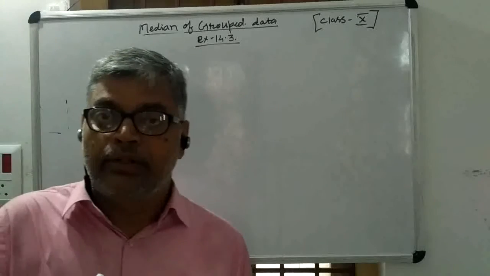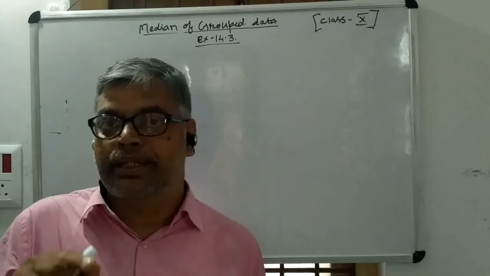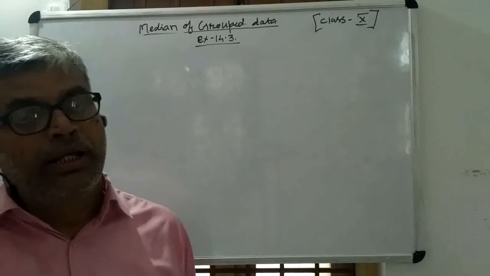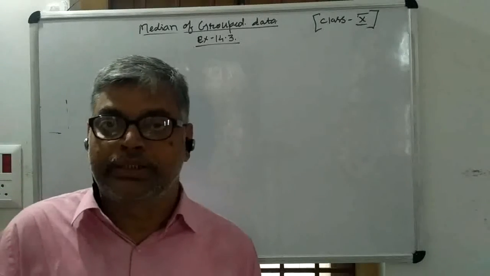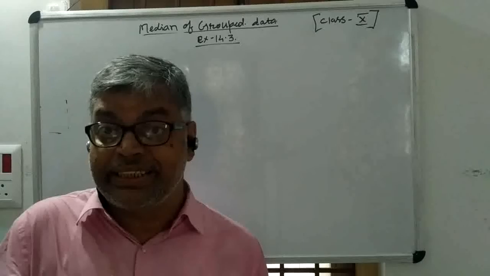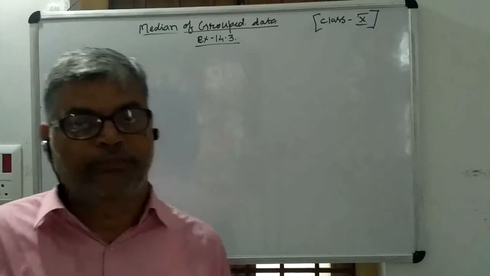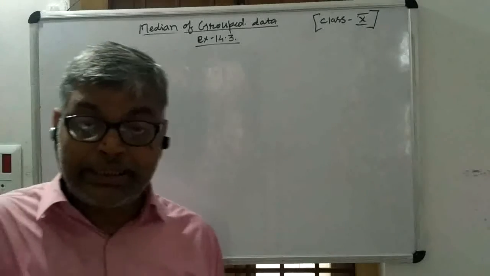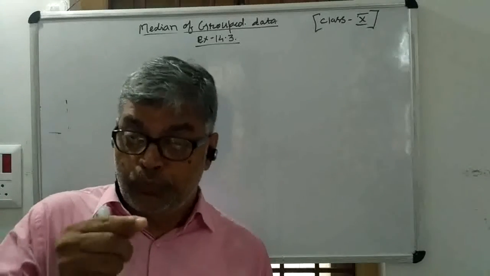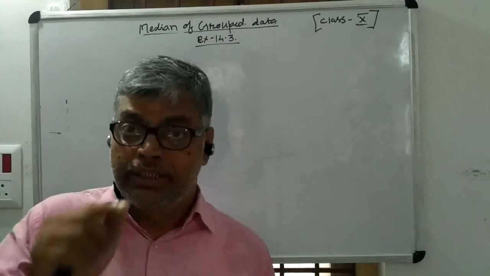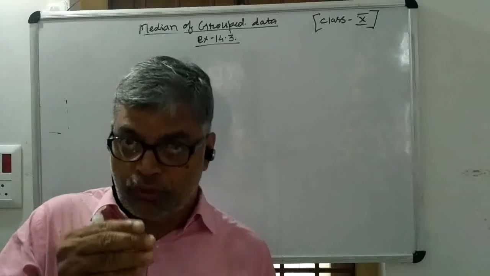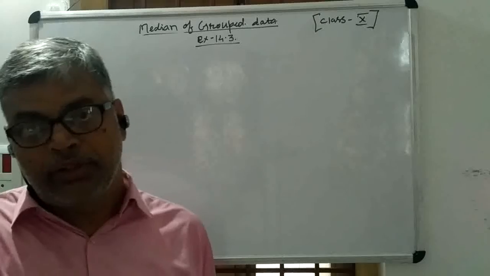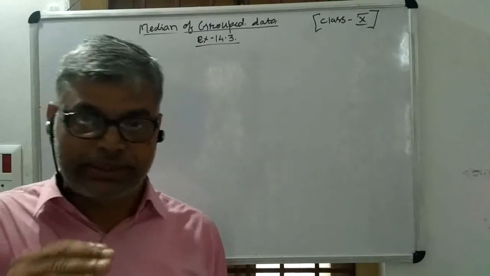As you know, when class intervals are given in the inclusive form, there will be no calculation. First you have to change it to the exclusive form. To do that, we subtract 0.5 from the lower limit and add 0.5 to the upper limit of each class.